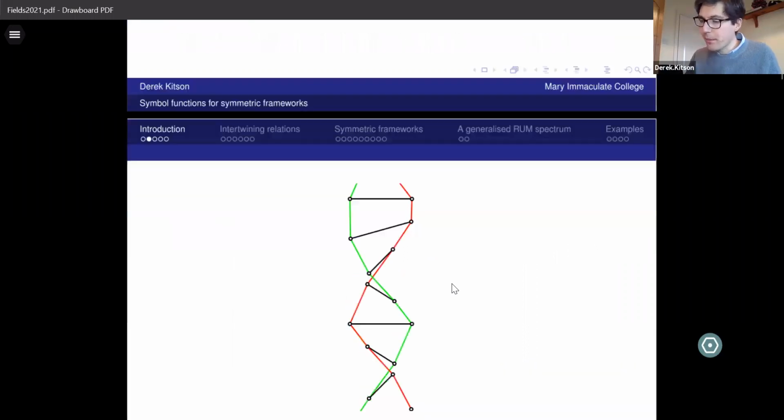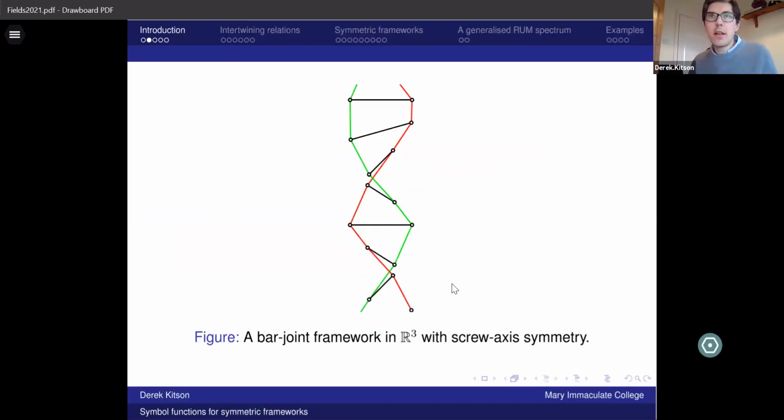Okay. So just to get going, I thought I'd present some pictures just to spark some thoughts. I guess some of you will be familiar with the interplay between rigidity and symmetry. A lot of people have been looking at this over the last few years, but maybe in slightly different contexts.